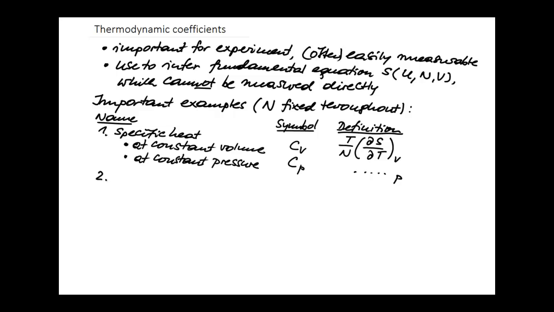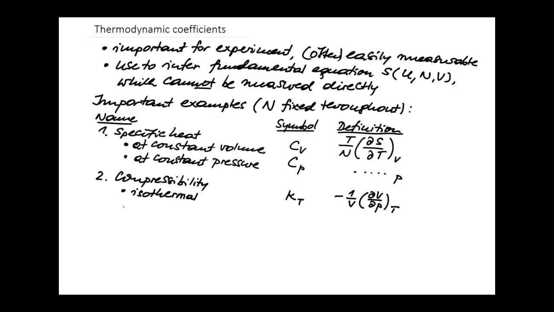Secondly, there is compressibility. Again, this is a coefficient that we have already seen. This also comes typically in two versions. The one that we have seen is the isothermal compressibility, which was denoted by kappa T, and it's minus 1 over the volume, partial of volume with respect to pressure at constant temperature.